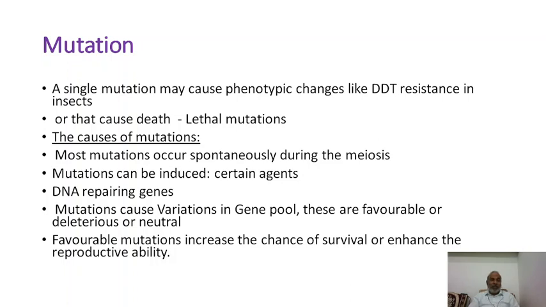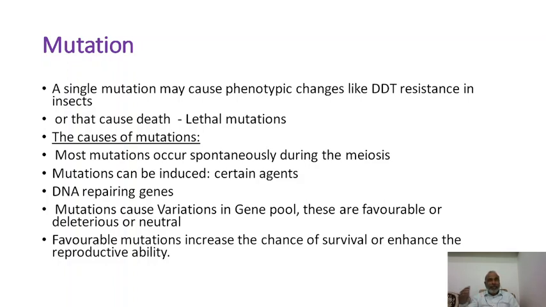But one thing we need to understand is that mutations are very, very important forces that cause variations in the gene pool. If all of a sudden a mutation occurs, the two alleles of a gene will become three alleles. So it will bring allelic frequency disturbance. Mutations cause variations in the gene pool, and mutations may be favorable, neutral, or deleterious. Deleterious means harmful.